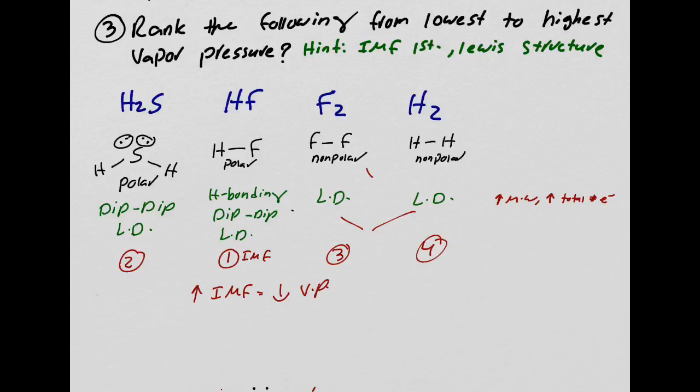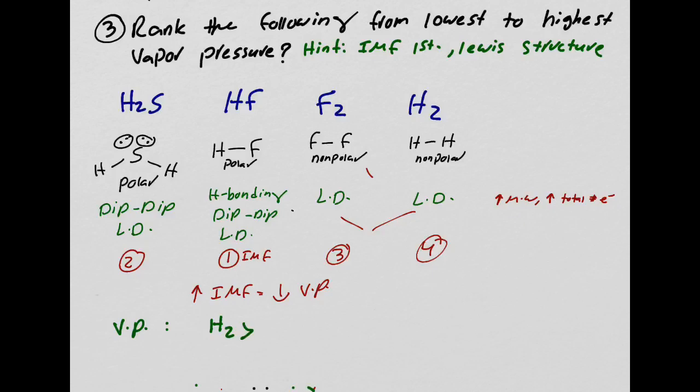So if I want to rank these, how would I rank them? The higher the IMF, the lower the vapor pressure. So for vapor pressure, H2 would be the highest one.